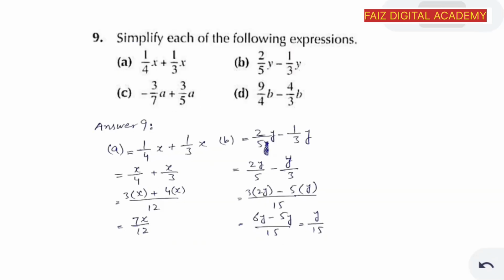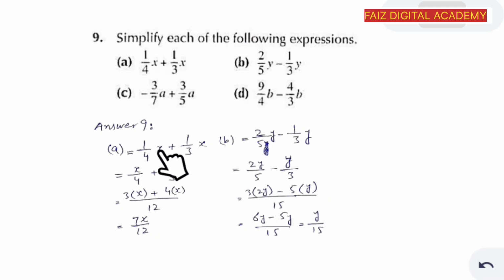Now in question number 9, we have to simplify each of the following expressions, and you can see that we are given 4 questions. I have solved the first 2 parts, and the first part is 1 over 4x plus 1 over 3x.